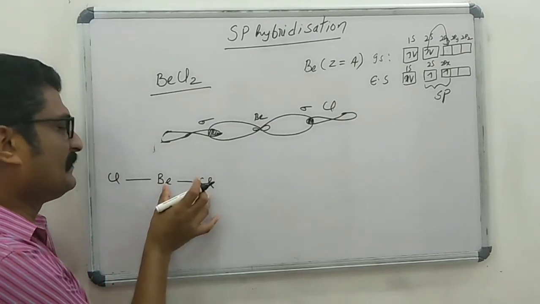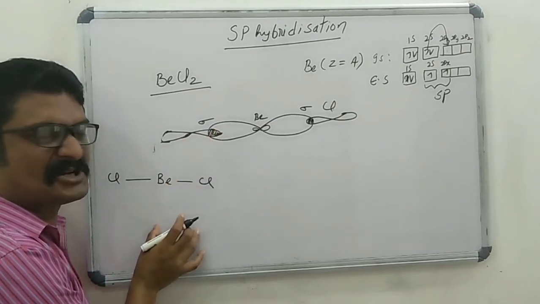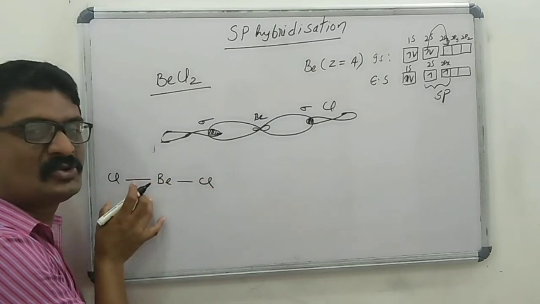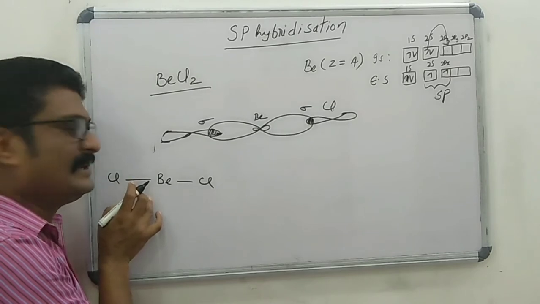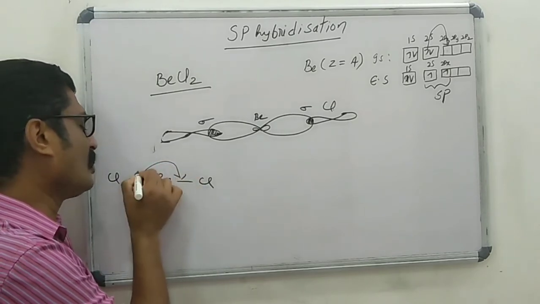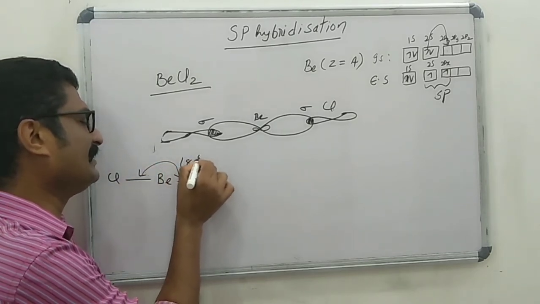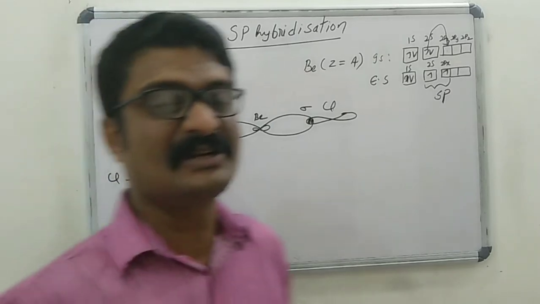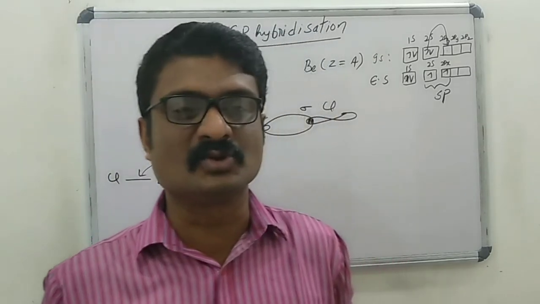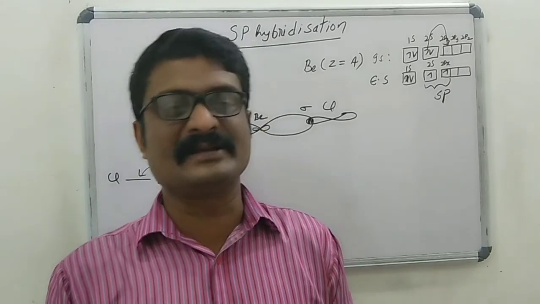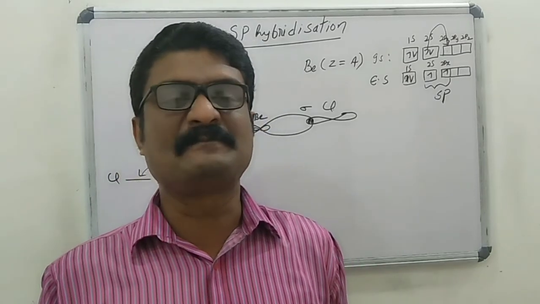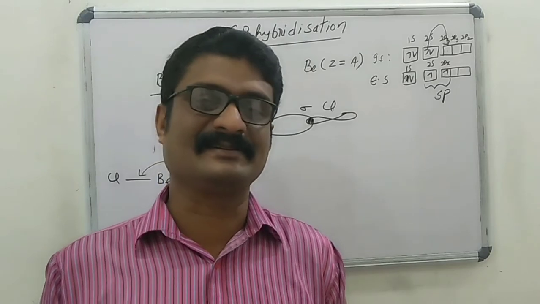Then due to sp hybridization, BeCl2 adopts a linear shape. It acquires a linear shape with bond angle 180 degrees. Then we can say that in BeCl2, the central beryllium atom is sp hybridized.